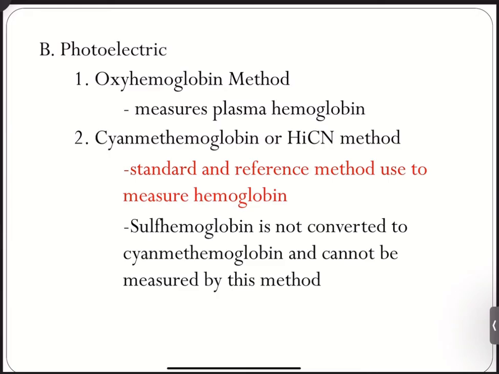Your Drabkin's reagent is composed of potassium ferricyanide, potassium cyanide, and other components, to bind the hemoglobin, convert it to methemoglobin, then analyze it as cyanmethemoglobin. Sulfhemoglobin is not converted into cyanmethemoglobin, thus cannot be measured. If the patient has sulfhemoglobin in the blood, this can affect the reading and decrease the hemoglobin content of your patient.